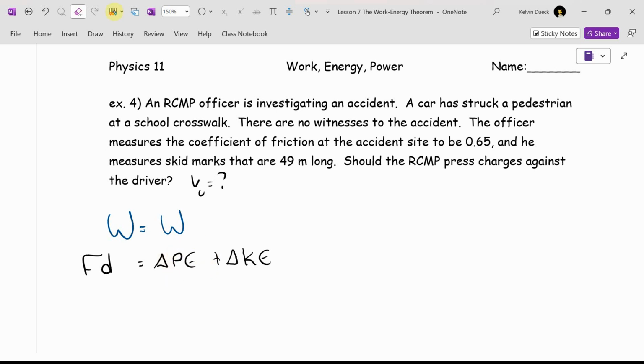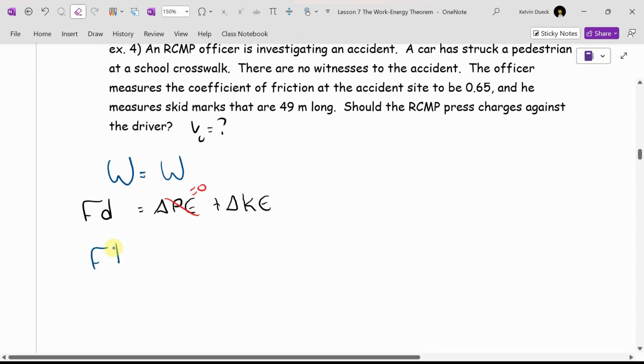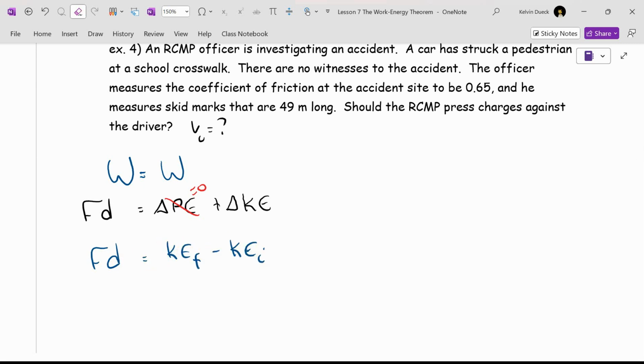I'm giving you one on level ground so that we can say this is 0, but it's not that much more difficult if there's a hill. You measure the height of the hill and you have mgh final goes right there, and you can still crunch the numbers. What's changing anything? We're going to get this. Force times distance equals KE final minus KE initial.